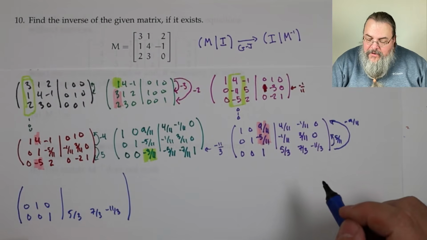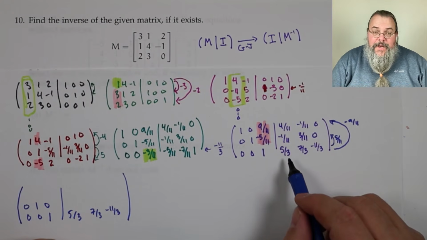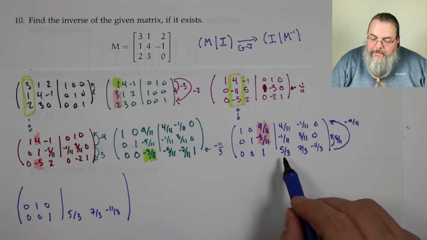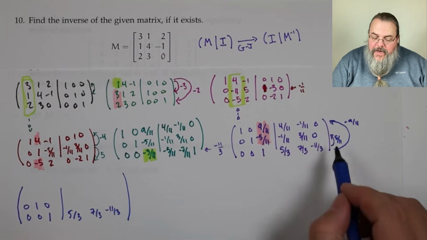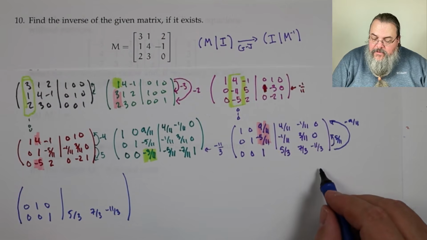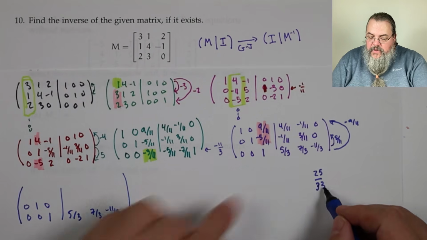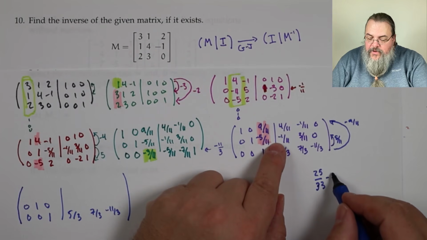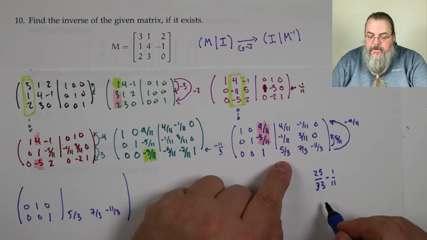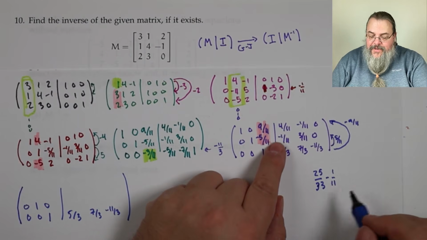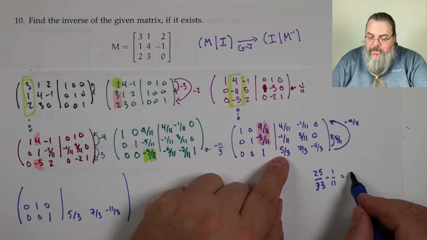All right, now, here comes the part where we have to take our time. We have 5 over 3 times 5 over 11. That's going to give us what? 25 over 33. Subtract 1 over 11. Right? Multiply and add. Well, that's the same as what?